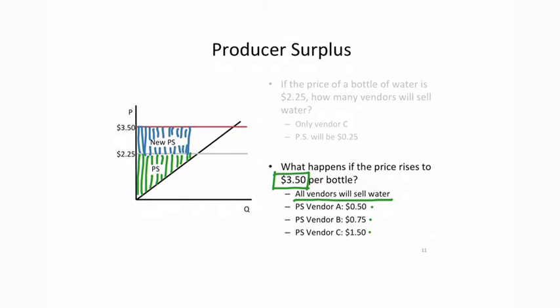And now we can also include the new producer surplus for vendors A and B because they previously were not in the market selling water, and now they are. So you can see here that the producer surplus is the gain for firms from receiving a price higher than their minimum that they're willing to accept. And it is going to be characterized as the area below the price and above the supply curve.